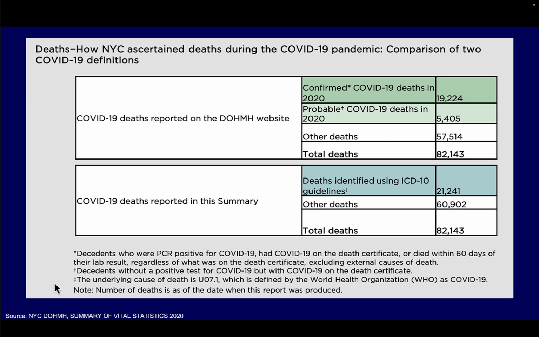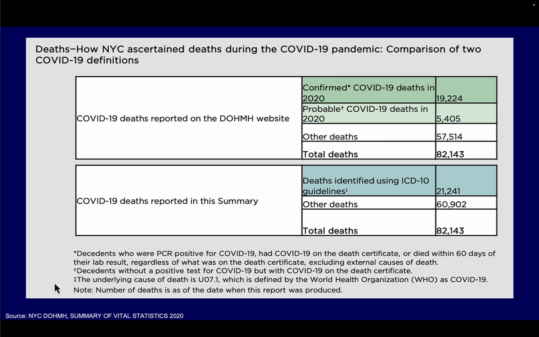This was determined by matching laboratory surveillance data for COVID with vital registration data on the fact and timing of death, not the cause. This approach identified 19,224 confirmed COVID-19 deaths, according to that definition.